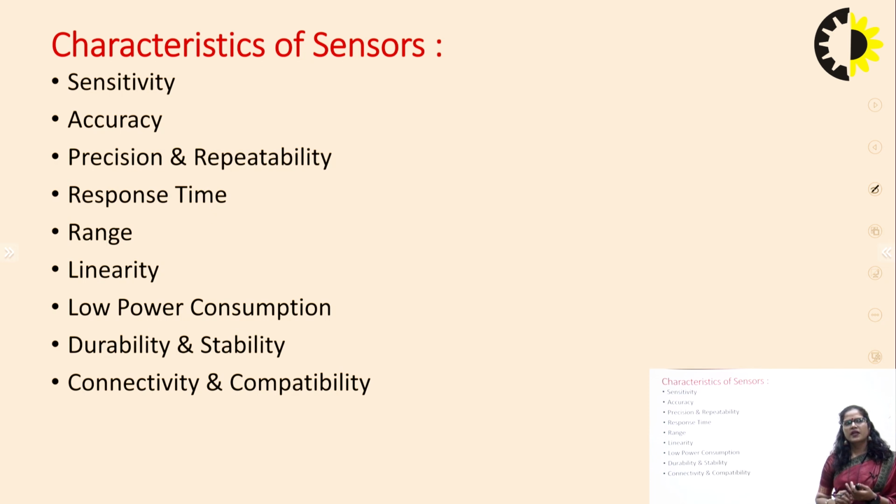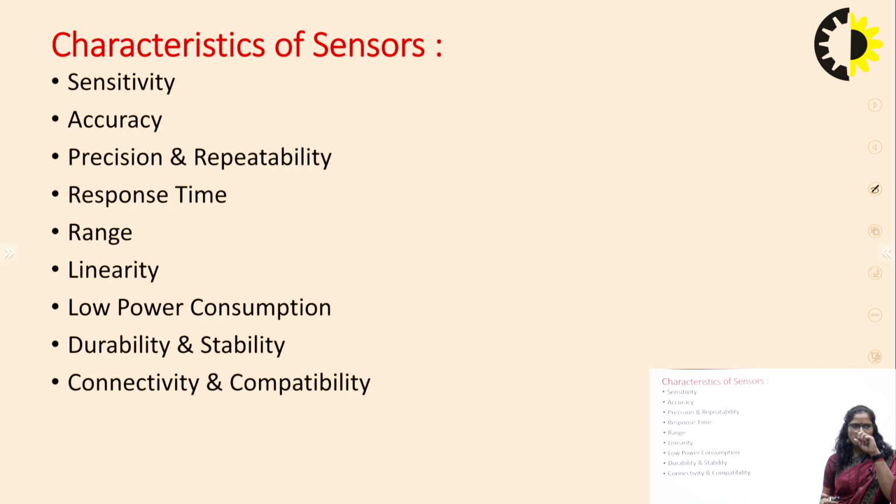And precision and repeatability. So basically here we talk about the closeness of the system, and response time. And here we talk about some ranges, that means between minimum and maximum. And linearity, low power consumption, this is also one characteristic of the sensor, because in one system we are using a huge number of sensors, and every sensor device needs power to survive 24/7.